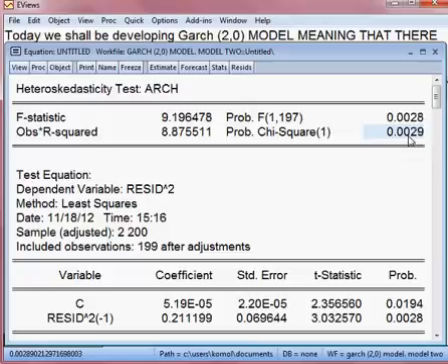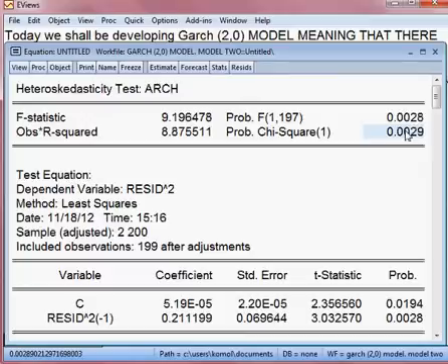That is the null hypothesis, but we can reject it because the p value is less than 5%, meaning that there is an ARCH effect. So we can easily run the ARCH model or GARCH model, because there is clustering volatility in the residual, and at the same time there is an ARCH effect.